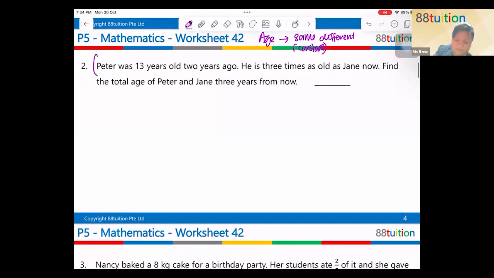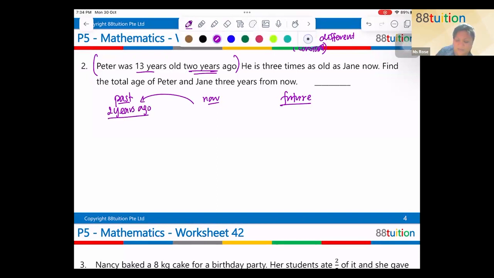Okay, so Peter was 13 years old 2 years ago. So in an age question, you must always have past, now, and the future. In the past, that means 2 years ago, Peter was 13 years old.